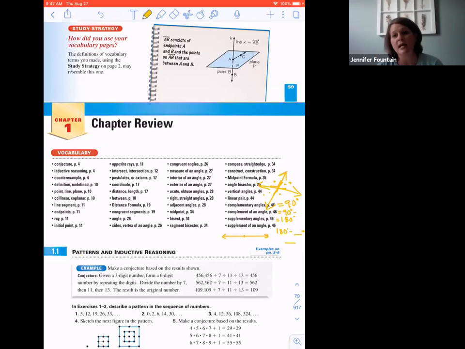Or if it says that two angles are supplementary, and I know that the total is this, but I've got a formula that I've got to set up, I've got to add this plus this equals 180, okay? So knowing that vocabulary is going to help you when you're taking the test, okay?